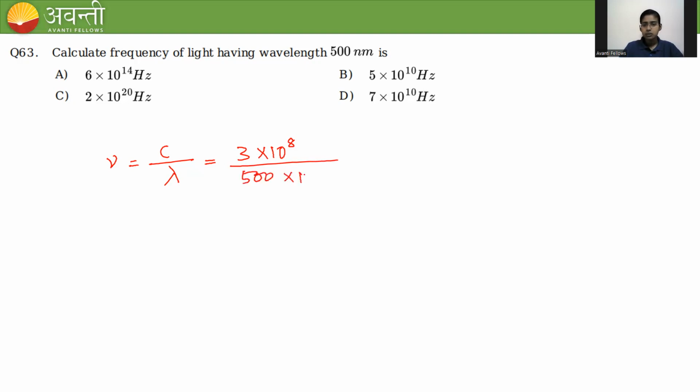Nanometer means 10 to the power minus 9. So it is equal to 0.6 into 10 to the power 15, so it is equal to 6 into 10 to the power 14 per second. Okay, 1 per second is equal to 1 hertz. So the answer is option A.